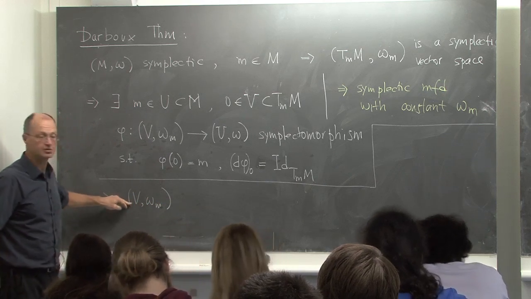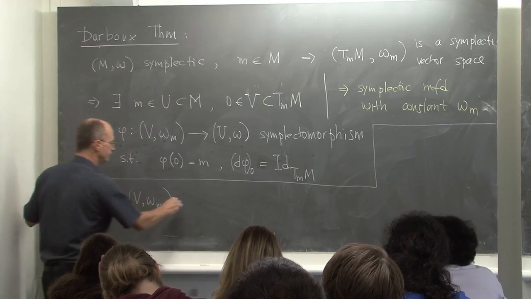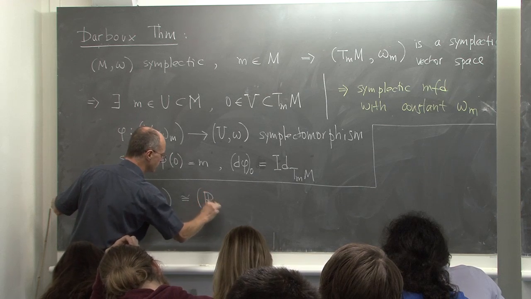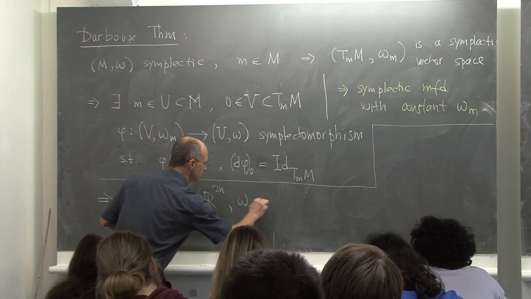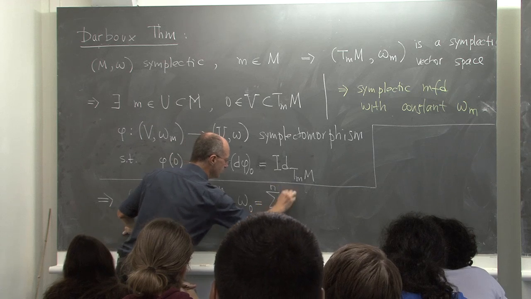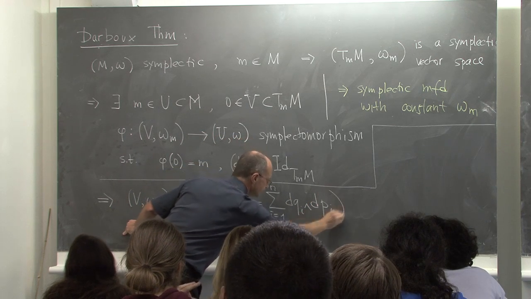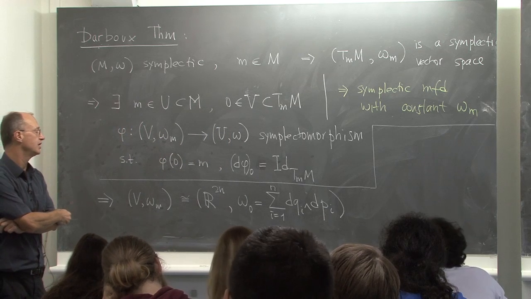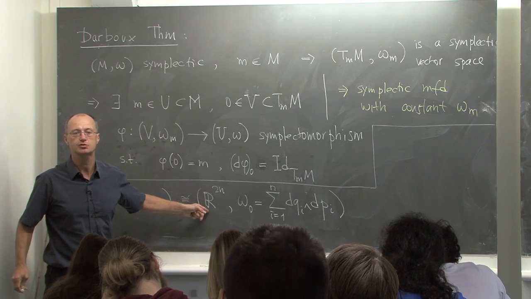We already proved that a symplectic vector space together with a constant symplectic form is always symplectomorphic to the vector space R^2n together with the standard symplectic structure, the sum of dqi's with dpi's. So this was a highlight of our linear algebra story.